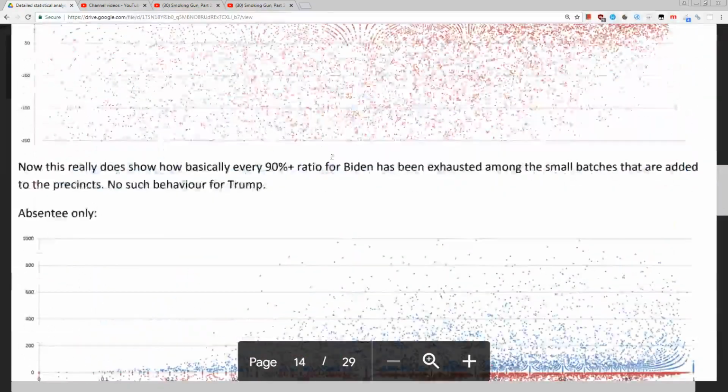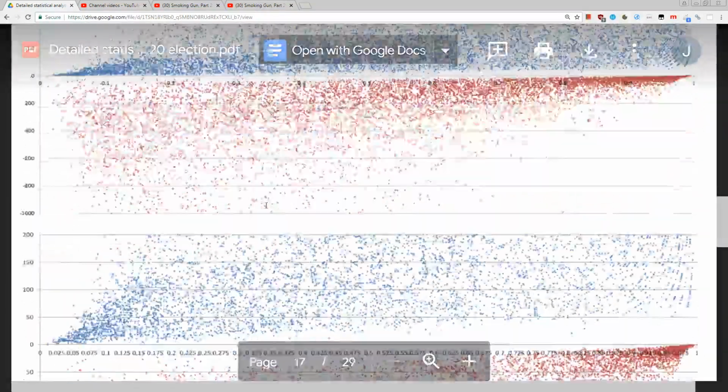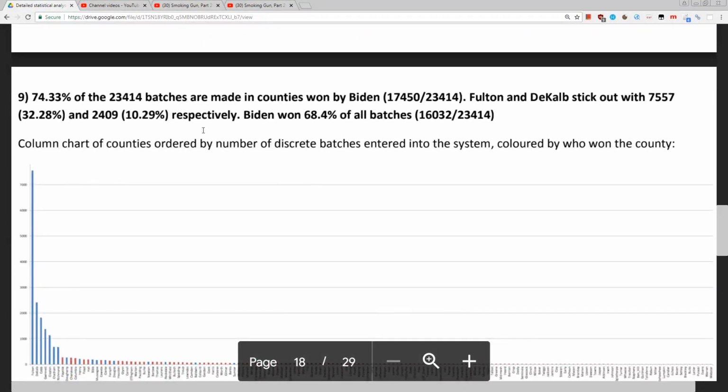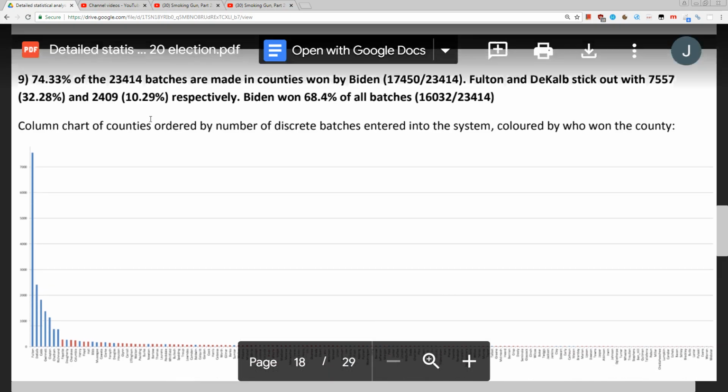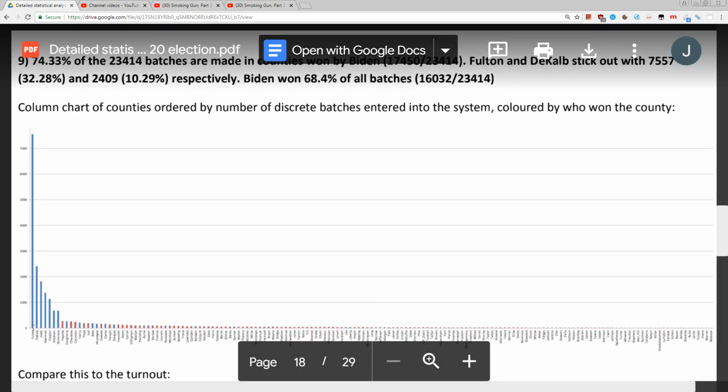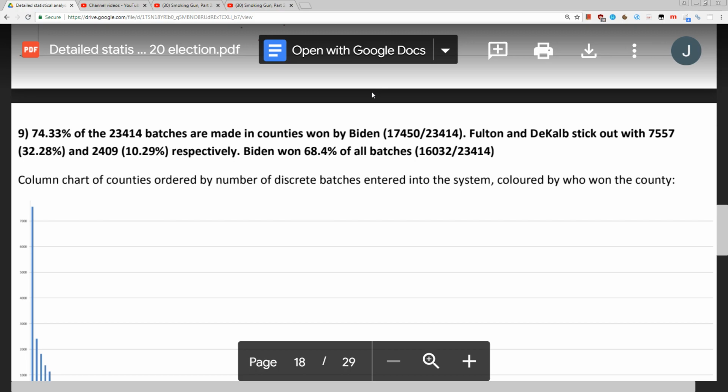So if you then look at the counties where the actual updates were made, here you can see Fulton and DeKalb and Cobb, and look at all the other counties. In Fulton alone, 32.28% of all changes that were made to the tabulation in the state were made in Fulton.